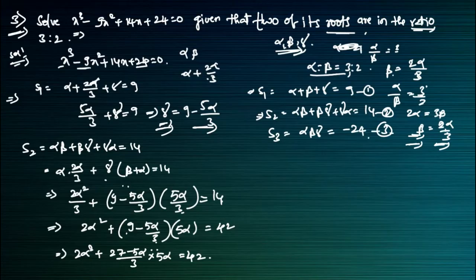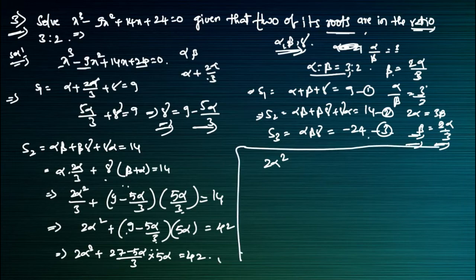So here we can do one thing. 2 alpha square, plus 27 into 5 alpha, that comes to 135 alpha, minus 5 5s are 25 alpha square, is equal to 42 into 3, the 3 goes to the right side of the equation.